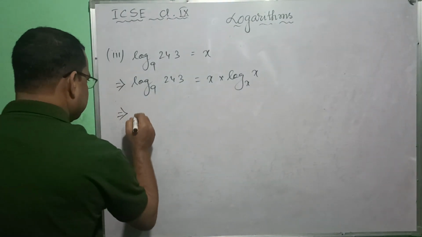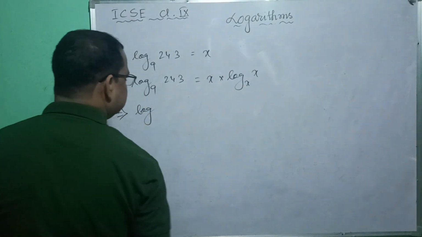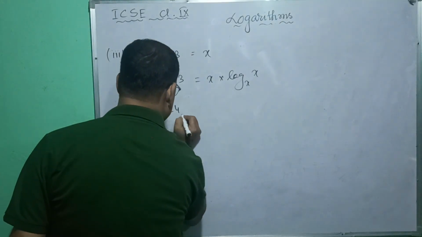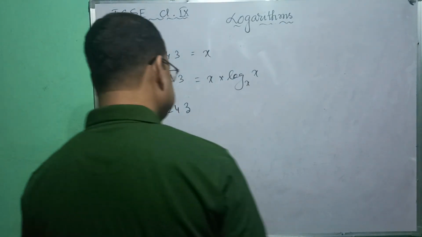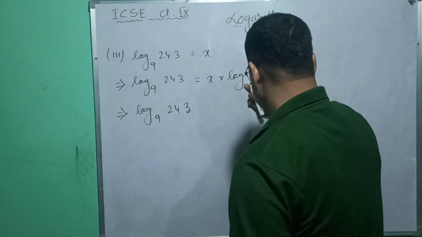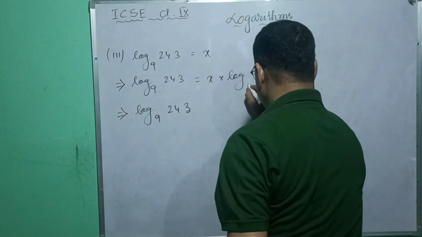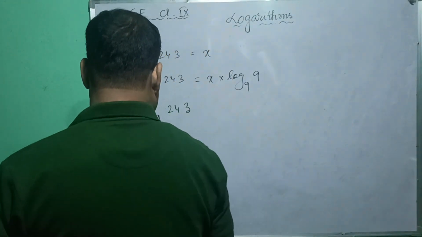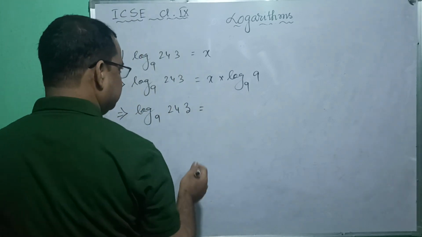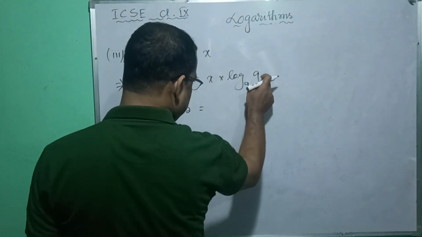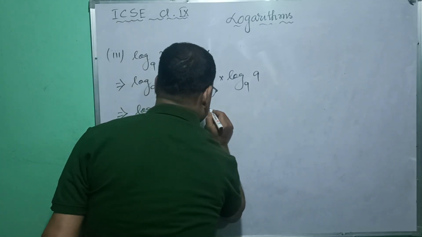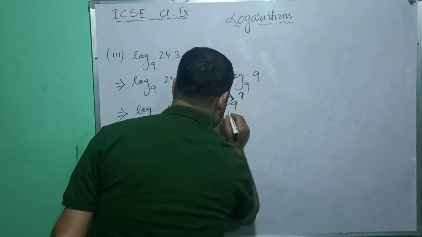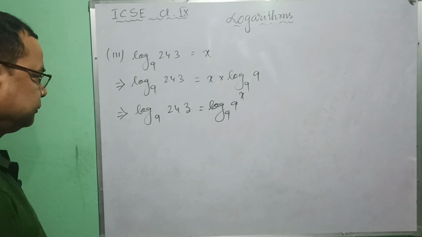This implies we can write log 9, as the base is 9, so we have to write 9 here. So if it is 9 then here also 9, equal to x log 9 base 9. So we can write it as log 9 to the power x at base 9, according to the law.